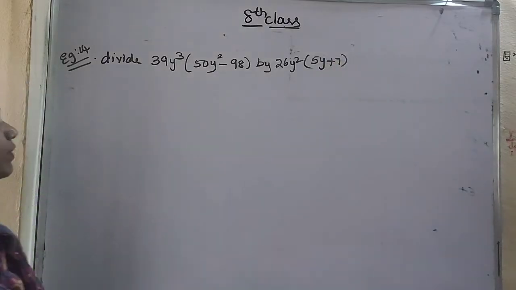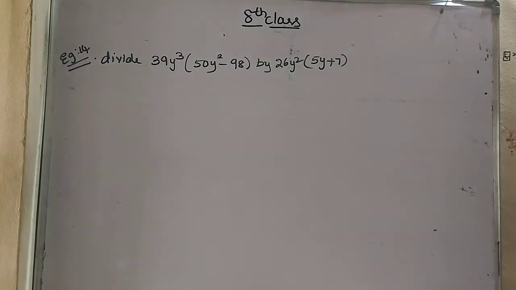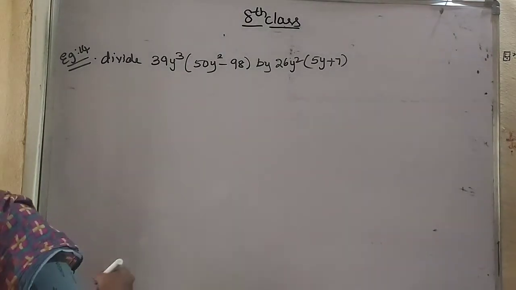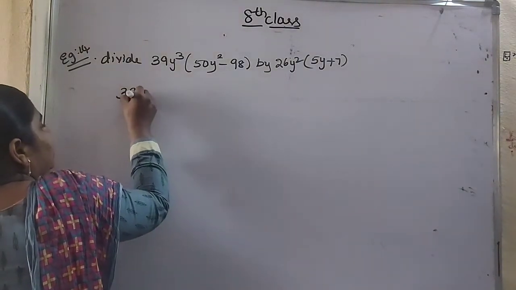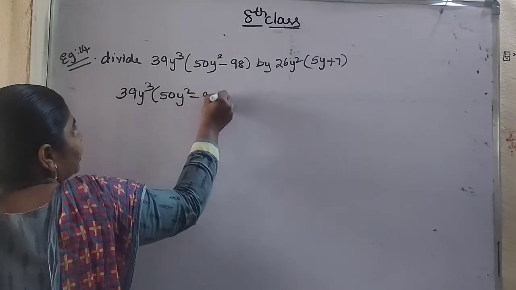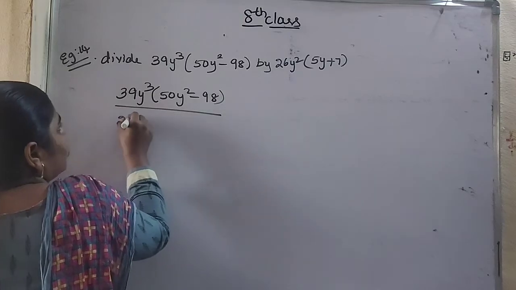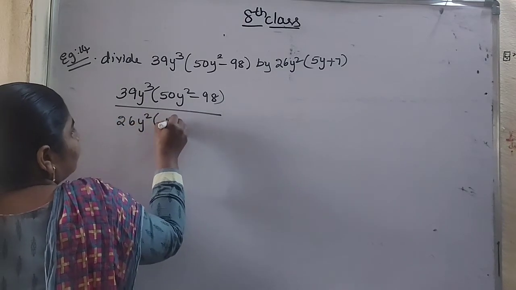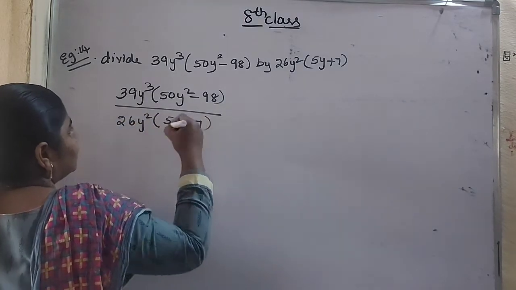So these values we have to divide. So I am writing in fraction form first, that is 39y cube into 50y square minus 98 by 26y square into 5y plus 7.